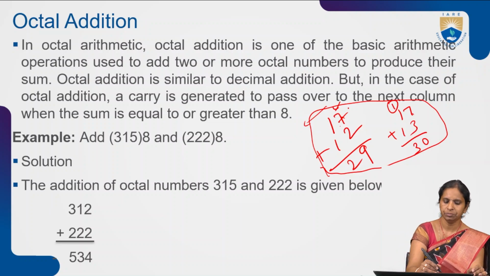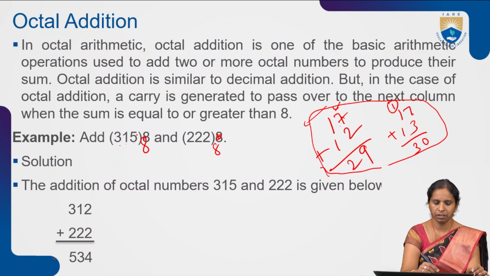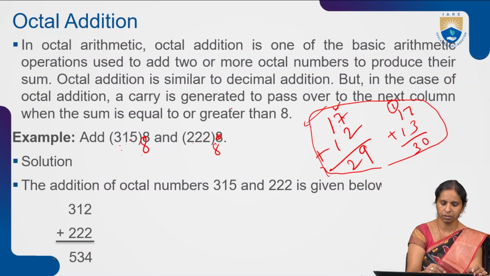For example, take the numbers 315 and 222, where the octal number base is 8. You want to add these two numbers. 5 plus 2 equals 7, 1 plus 2 equals 3, and 3 plus 2 equals 5.